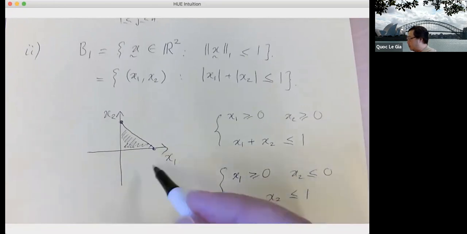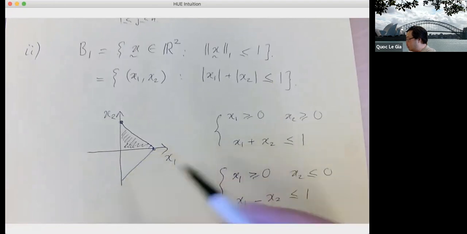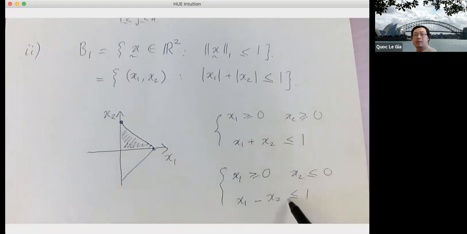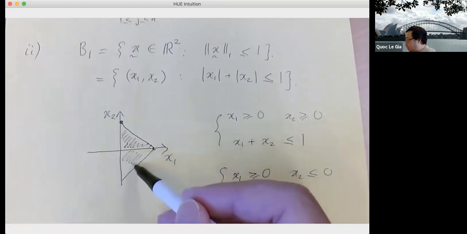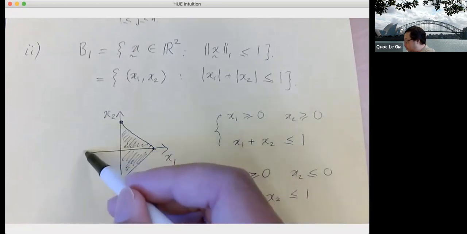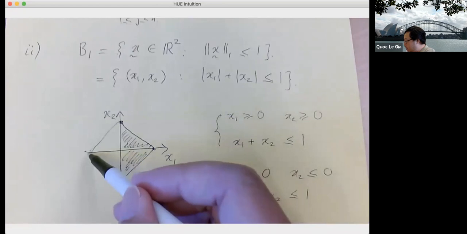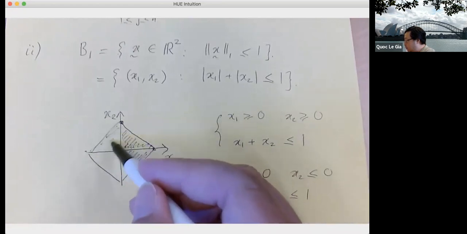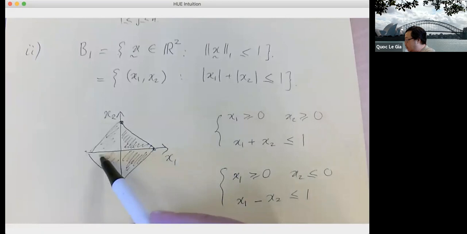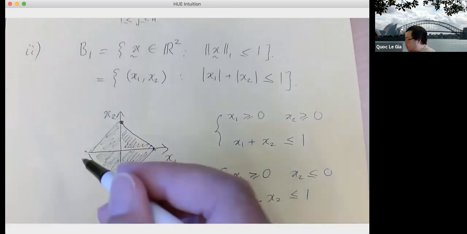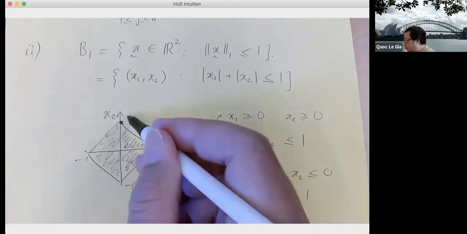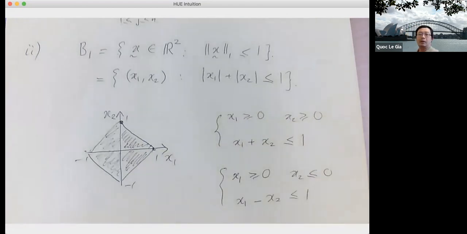In this quadrant, the line is x1 minus x2 equal to 1. Hence you can do the same in the 4 quadrants, and then you get a diamond like this. This will be your set B1, with vertices at minus 1, 1, 1, and 1 on the axes.